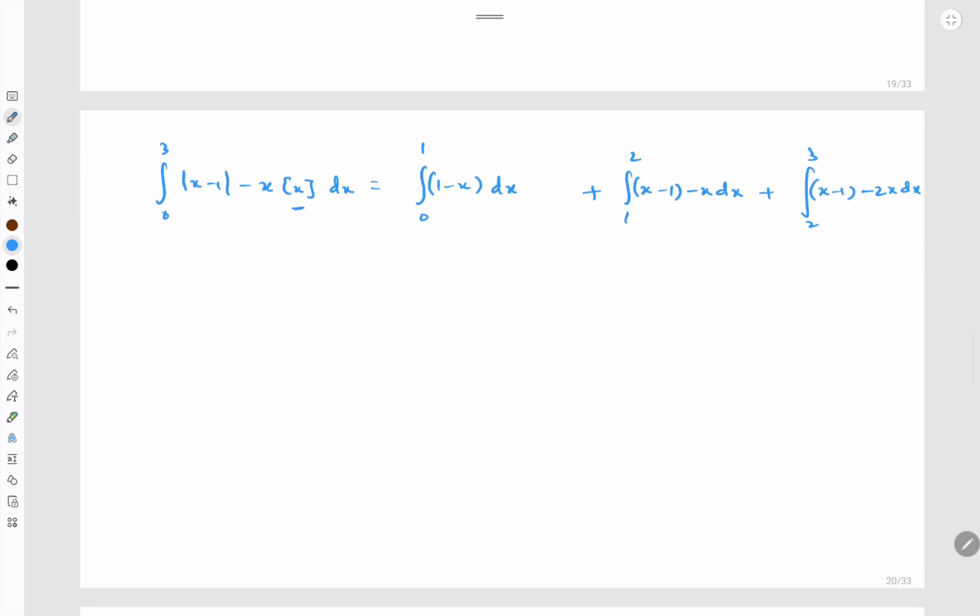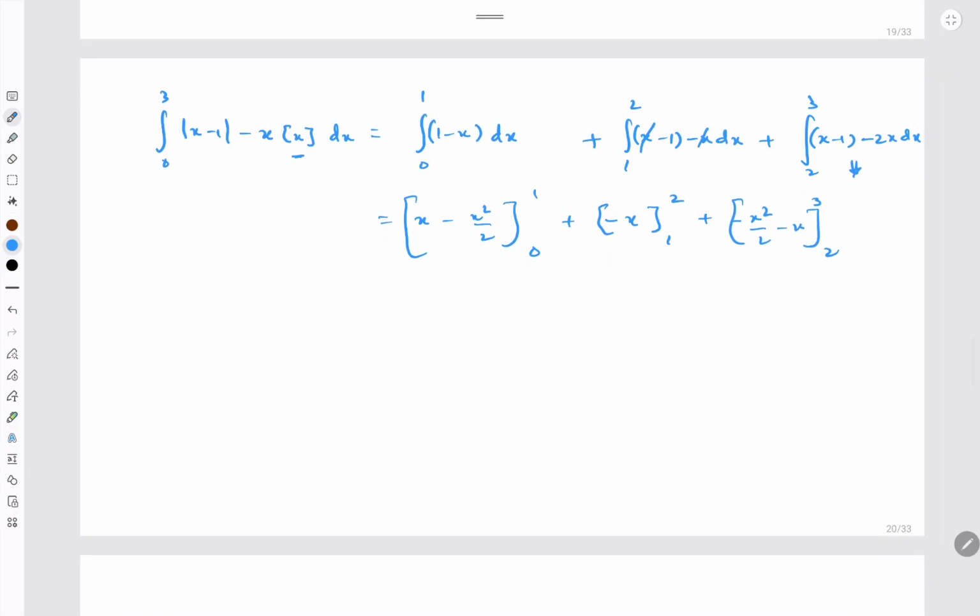So if I solve it, it is basically x minus x square by 2, from 0 to 1, plus this will get cancelled out, so minus x from 1 to 2, plus it is nothing but minus x minus 1, so it is minus x square by 2 minus x from 2 to 3, right?